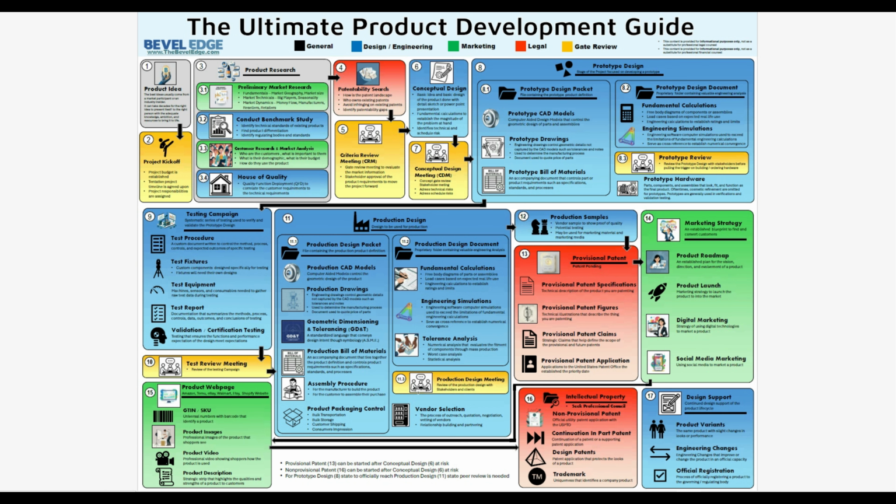Other people who could benefit from this ultimate product guide are junior engineers, people who are going into the product development industry. A lot of times these are mechanical, electrical, and software engineers who are just now graduating and going into the real world. Some of these things are not taught well in school, or if they are, they're taught alongside hard skills, which sometimes makes these classes seem like easy breezy classes.